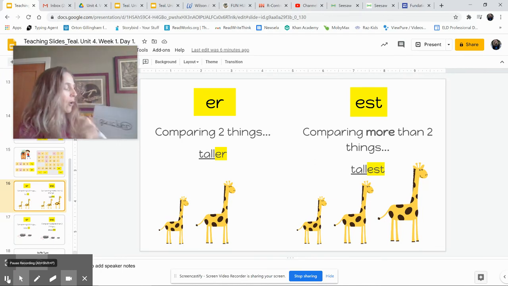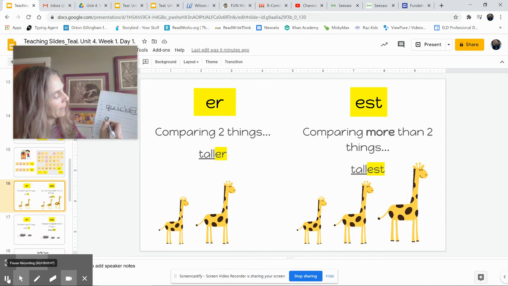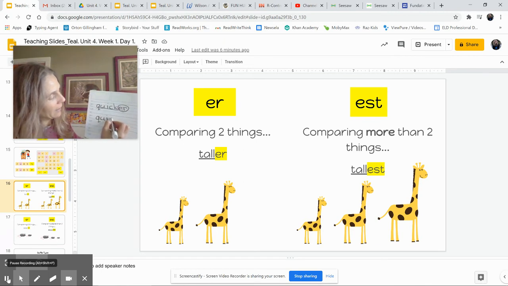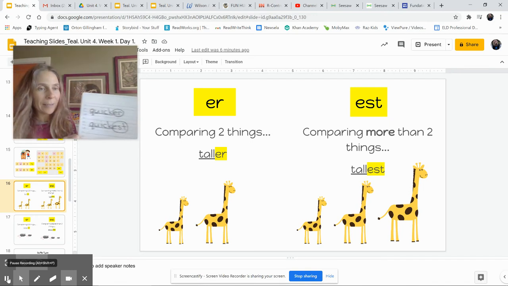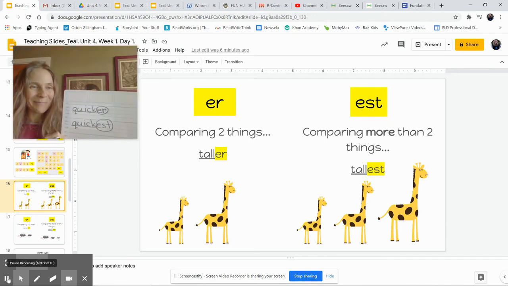So make sure we have all those sounds there. Now we're going to write it. Don't forget your buddy letter. Quickest. And I'm going to underline my base word and circle my suffix. The quickest. Does yours look like mine? Great. And you've got that digraph there?